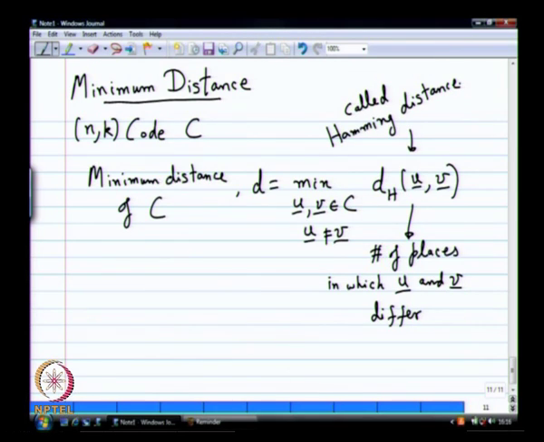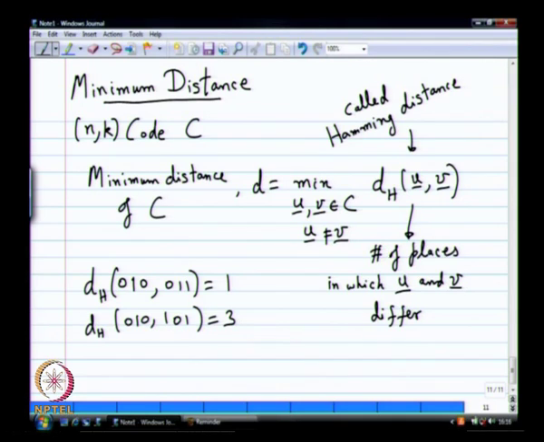Let us see a few quick examples. Suppose I say dh of 0 1 0 0 1 1, this would be what? 1. And then dh of 0 1 0 1 0 1, this would be what? 3. These are the kind of examples.